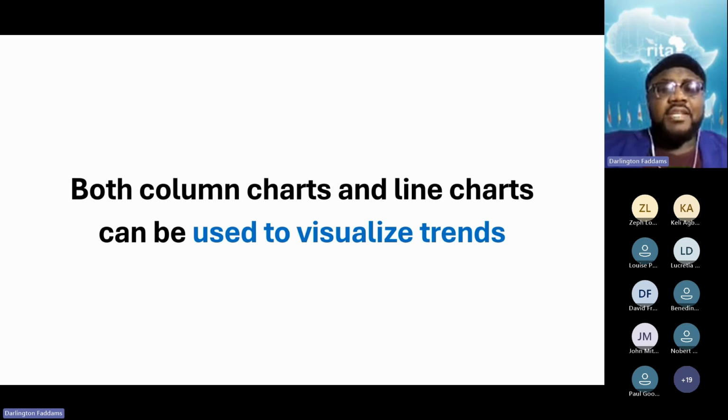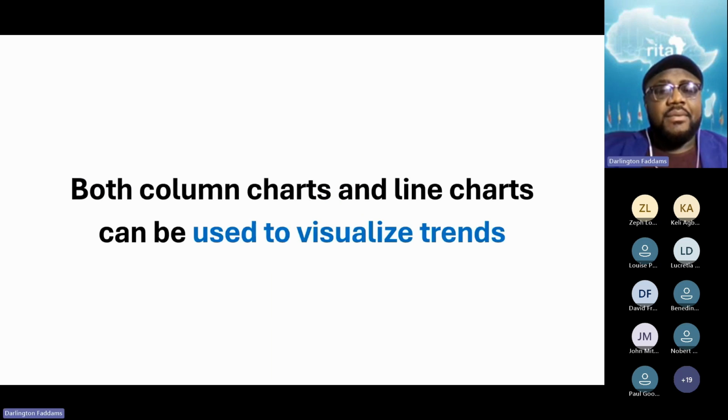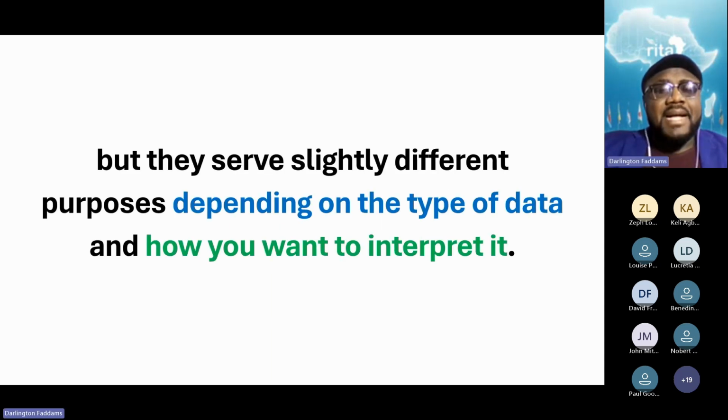Both column charts and line charts, we have seen that they can be used to visualize trends. We have seen here that they are both effective, but they serve slightly different purposes depending on the type of data and how you want to interpret it. So this is the understanding we want to gather in this lesson.